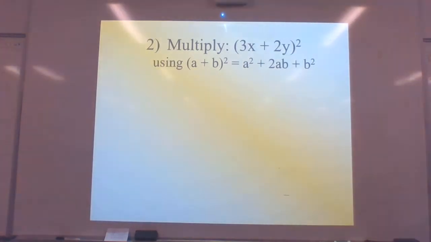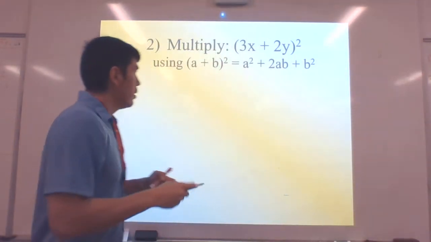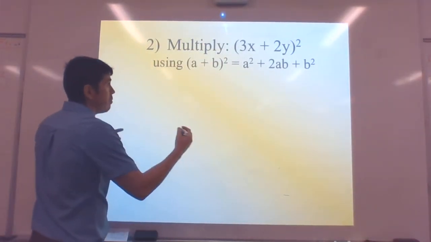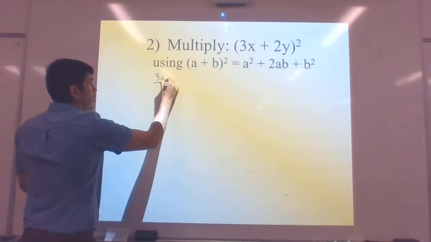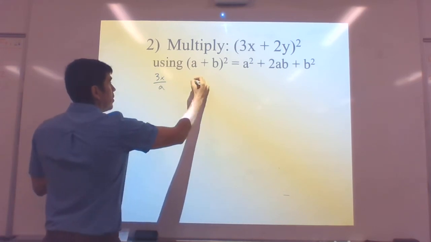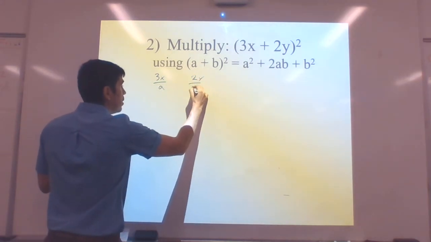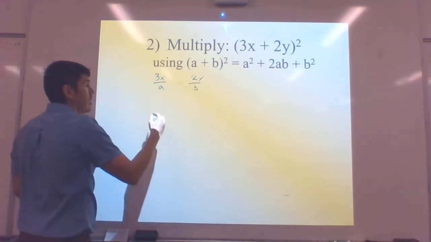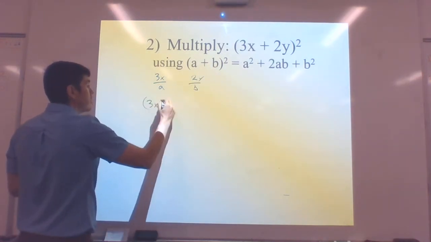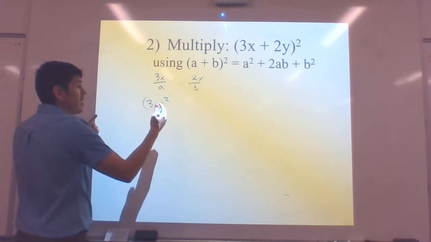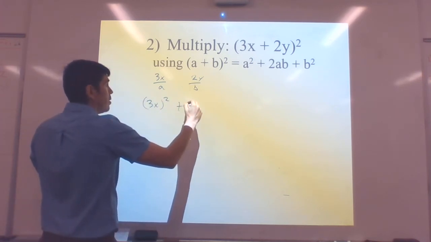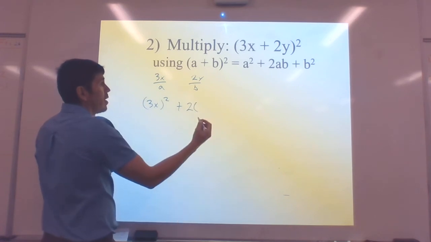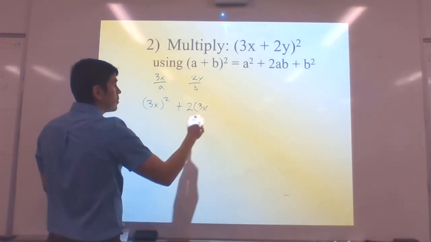We're going to try another example using the pattern. So again, identify your A and your B. Your 3x is going to be your A. Your 2y is going to be your B. So again, your A and B in terms of this right here. So what's going to be my A squared? My A squared is going to be 3x squared. That's the entire A. Then my 2AB is going to be 2 times, what's my A? My A is going to be 3x.